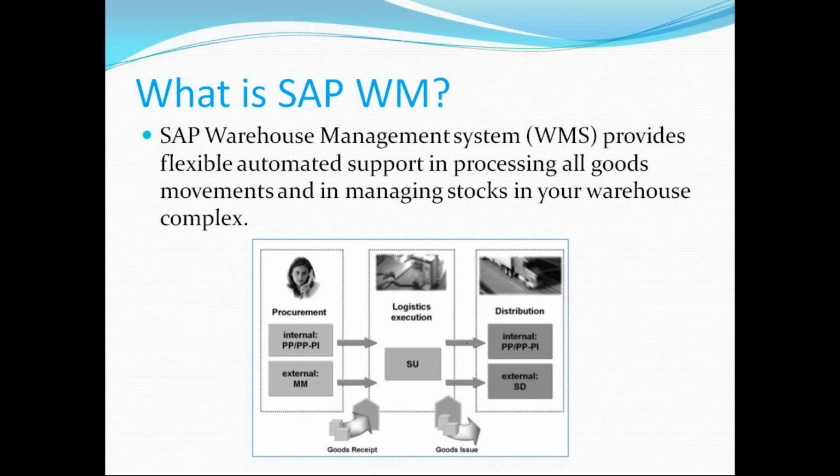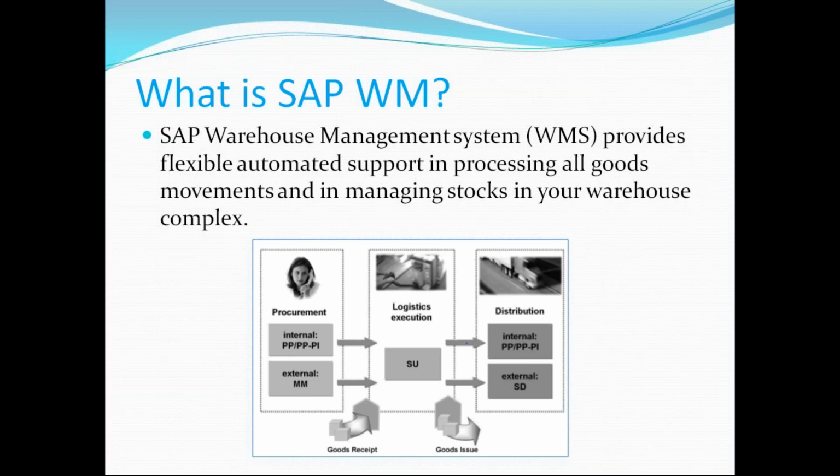Then there will be a quality check. The quality department will come into the picture, proceed with the quality check of the material, and certify that quality is met for the goods receipt item. If the quality is not met as per the standard, they can provide the justification that they don't need the material, and the material can be put out from the warehouse.